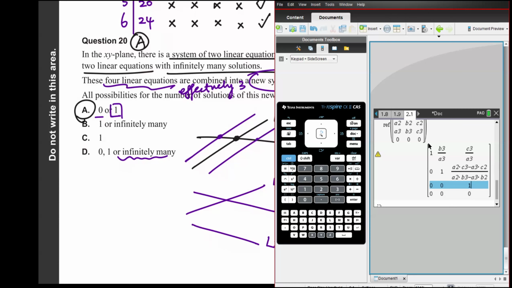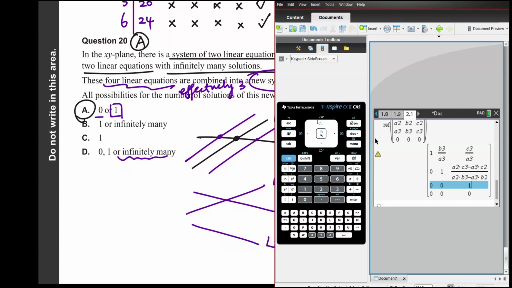Then we just get 1y equals to that thing, and x plus b3 over a3 equals to that thing. So this thing here, if it doesn't exist, then you wouldn't be able to solve the first equation. So that means you definitely can get no solution, or if that thing is defined, for example, the denominator a2b3 minus a3b2 here is not equal to 0, then you probably can get a y value equals to that, and then you can place this back and get the x value.